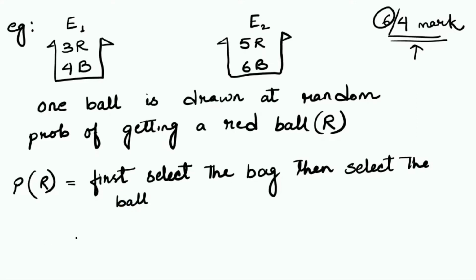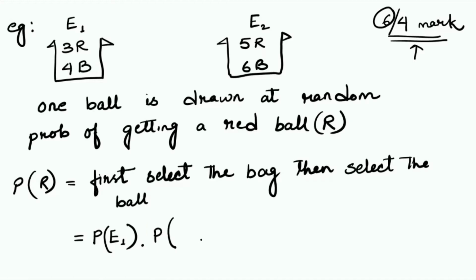So what can happen? First I may select E1, the bag E1. So the probability of getting E1. I have selected E1, so what is the probability of getting a red ball from E1?